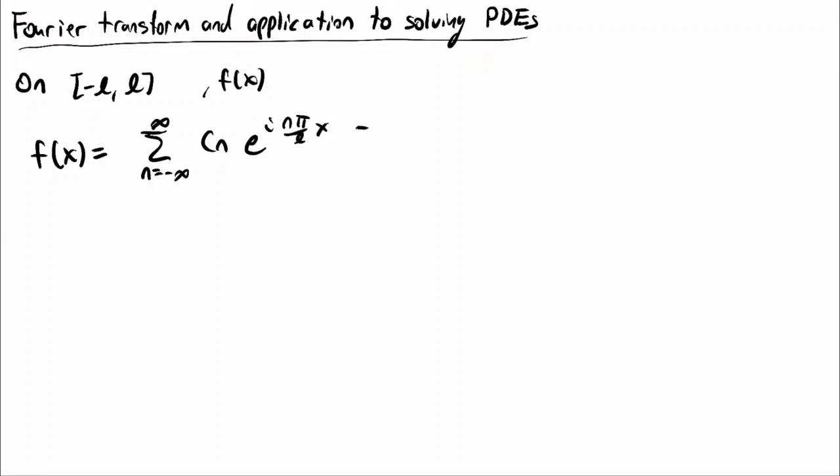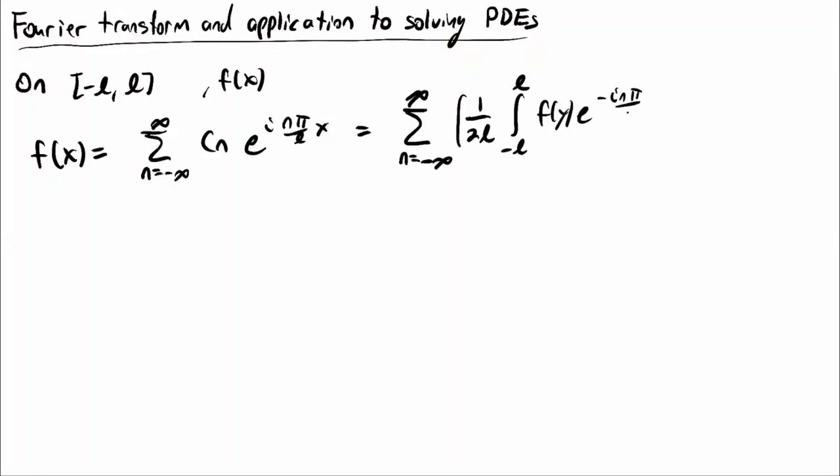If we substitute in the definition we have for the Fourier coefficient, this ends up being the sum from minus infinity to infinity of 1 over 2L, integral from minus L to L of f of y e to the minus i n pi over L y, and then times the other complex exponential.